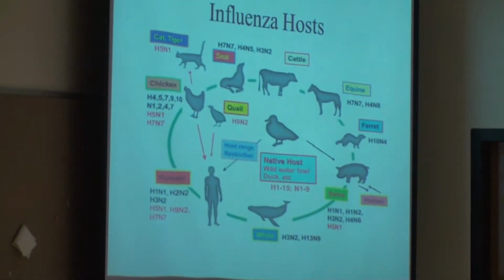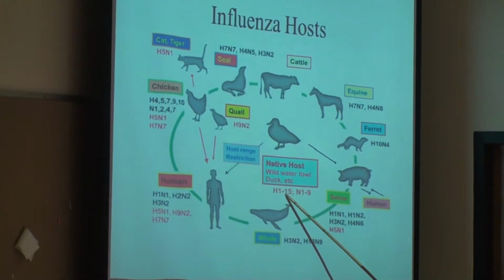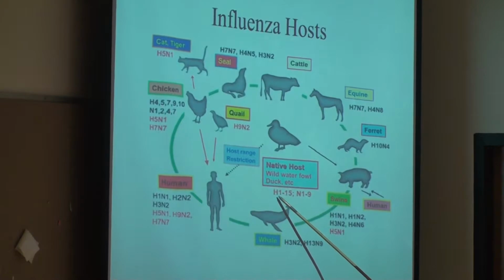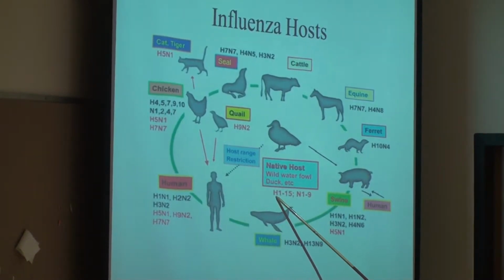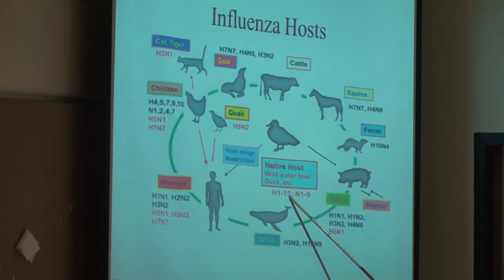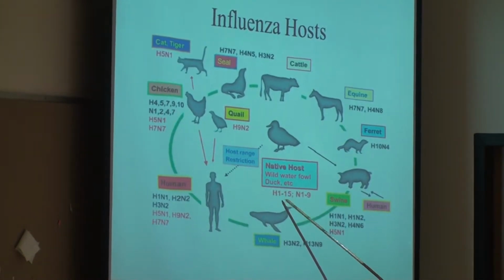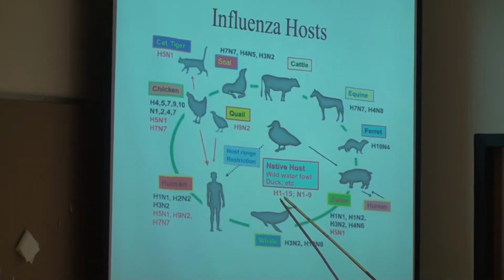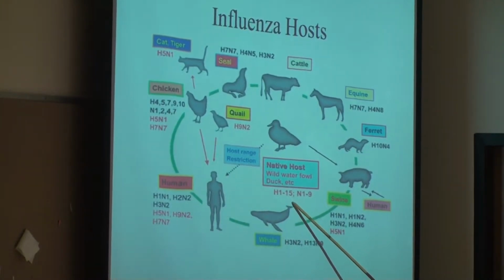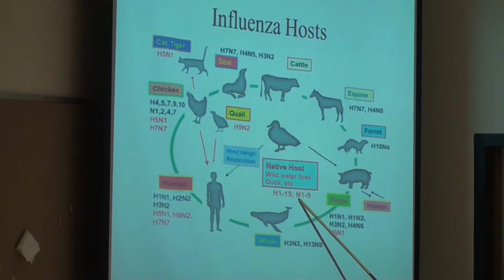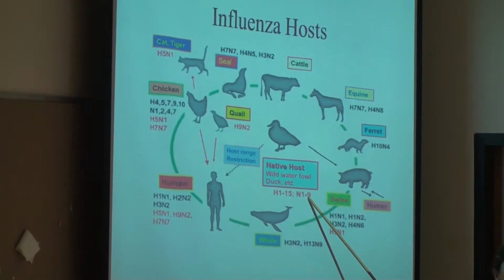Out in nature, different influenza strains have been isolated, and they found up to 15, possibly more now, different H antigens. So out in nature, there are H antigen types 1 through 15, and when they isolate influenza viruses from nature, they find there are at least 9 different neuraminidase antigens.